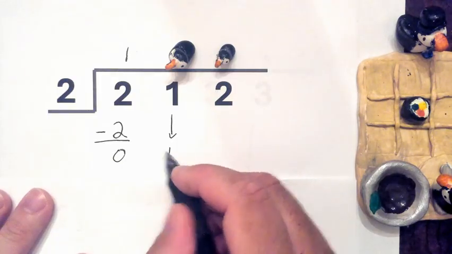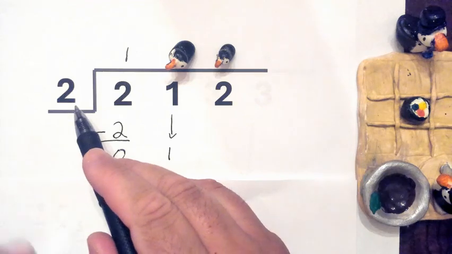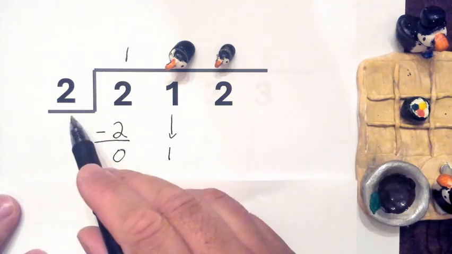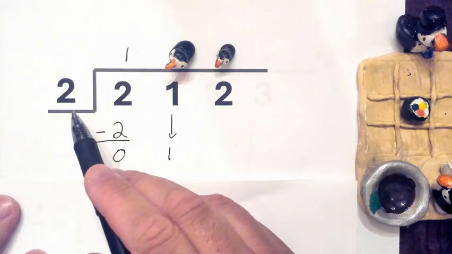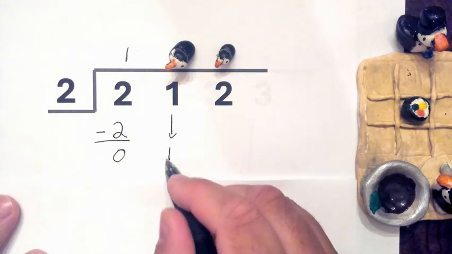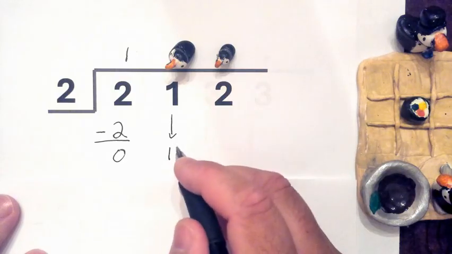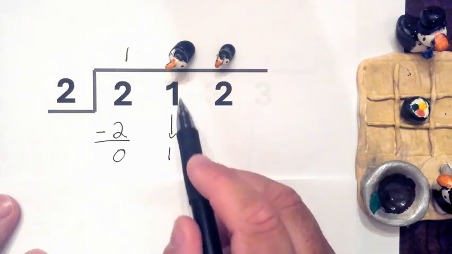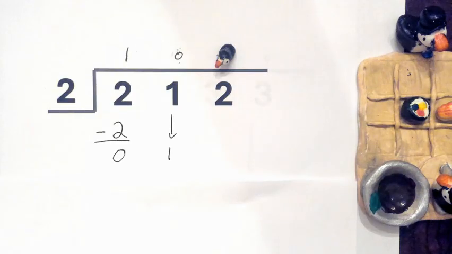So 1 divided by 2. We're starting over again, doing divide. 1 divided by 2 is going to be less than 1, because 2 doesn't go into 1. 1 is too small, 2 is too big. So that leaves us with a 0 in the 10s place.